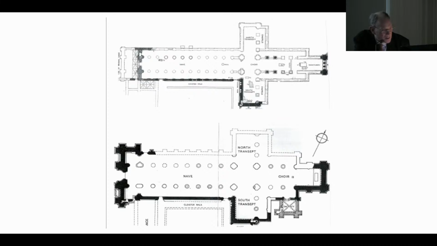So in fact, just looking between the two, some features at Arbroath aren't reduced at all. The bay lengths are virtually identical to the bay lengths at St Andrews.